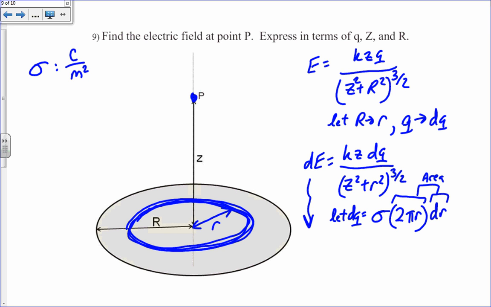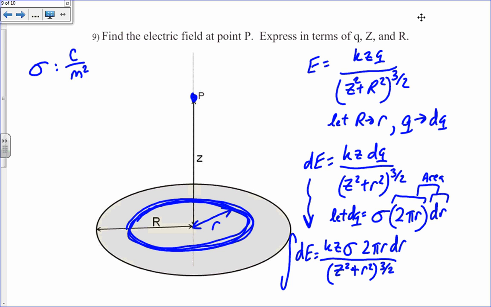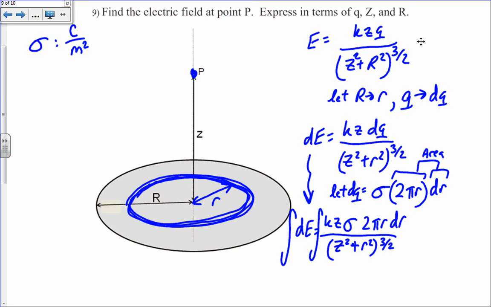Then my dE becomes this. My differential element of the electric field is kz sigma 2 pi r dr divided by z squared plus r squared to the 3 halves. Now I'm ready to integrate over all these things.